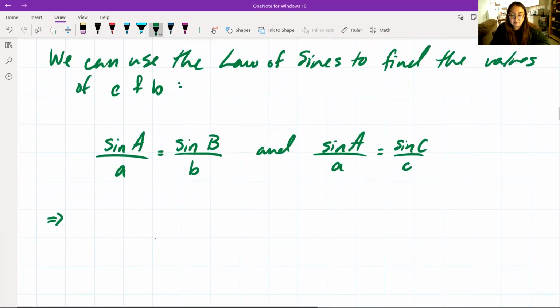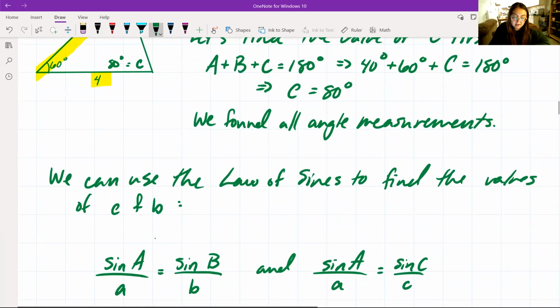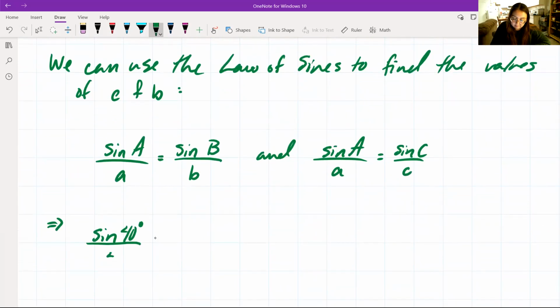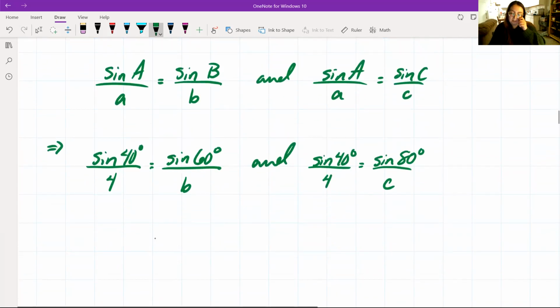Then filling in the values that we already know, we get that sine of 40 degrees divided by 4 is equal to sine of 60 degrees divided by our value of b, which we don't know yet. And we also get that sine of, once again, 40 degrees divided by 4 is equal to sine of 80 degrees divided by c.